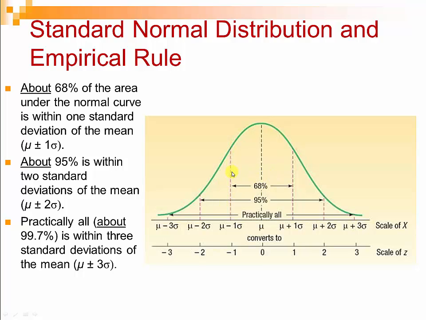And about 95% is within plus and minus two standard deviations. And about 99.7%, almost all of the observations, are within plus and minus 3 standard deviations. And our book has a nice table in the appendix to help us determine the area that's under the normal curve.